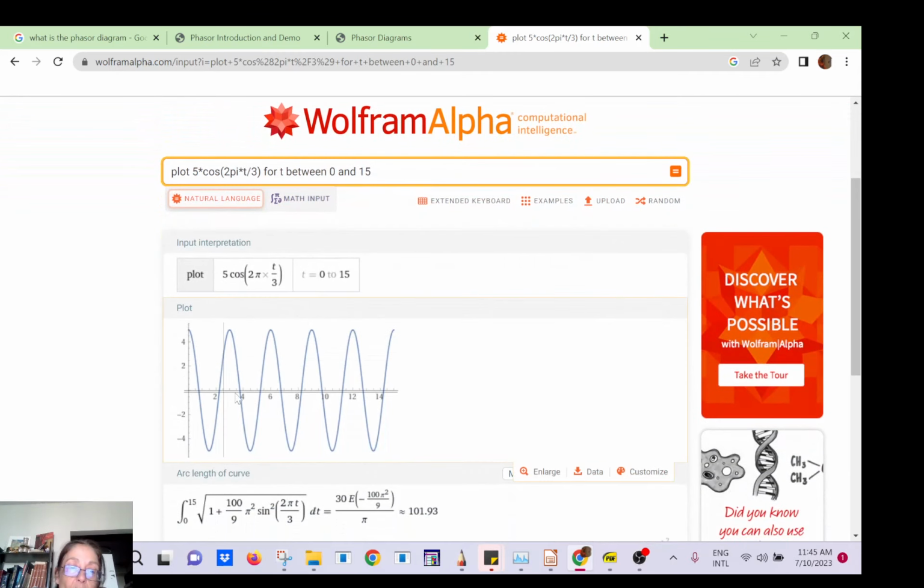So that's a typical cosine. I could have done sine, but you see at t equals 0, cosine of 0 is 5, okay? And then the motion will repeat itself.